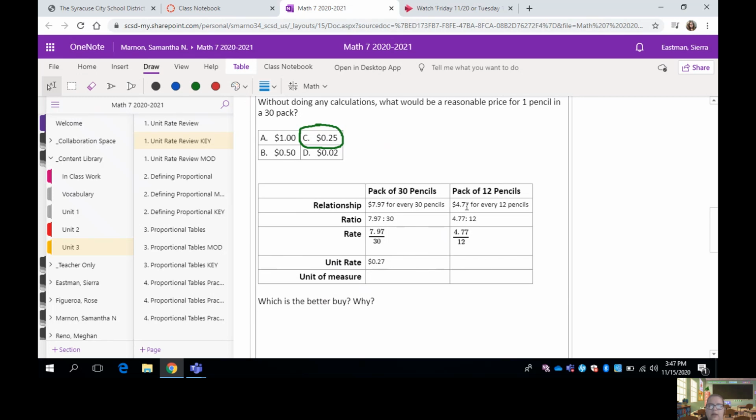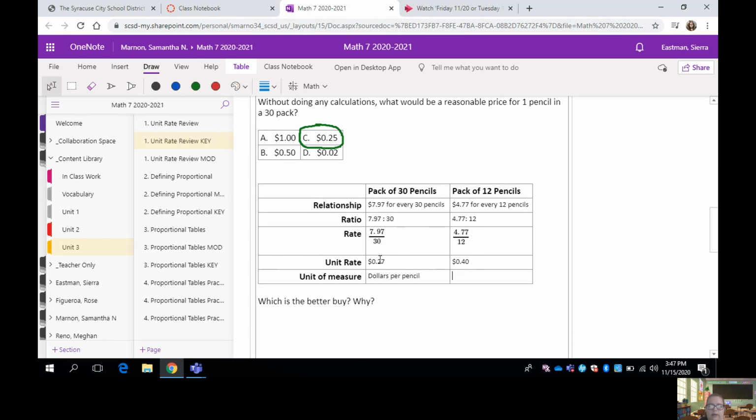But if I do that for this sale, this pack of 12 pencils, even though these are cheaper, you're getting fewer pencils. And it turns out our unit rate is more expensive for just one pencil here. Add in my dollar sign. And my unit of measure is dollars per pencil.